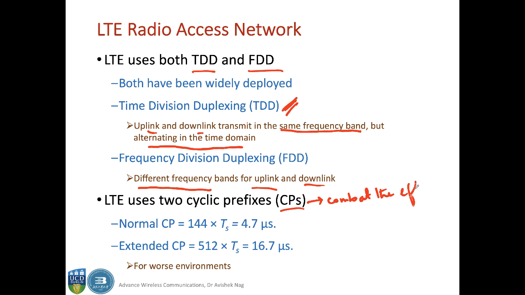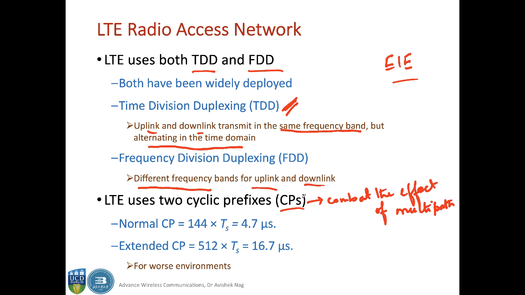Again, those of you who have gone through my OFDM lecture will know more about this multipath. So I would suggest the EIE students who are taking this wireless communication module and are not enrolled in my digital com, if they can watch the OFDM video lectures that I have for digital com, they will be able to appreciate these things better.